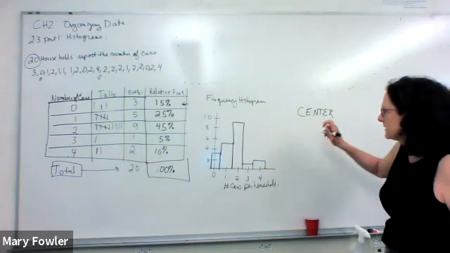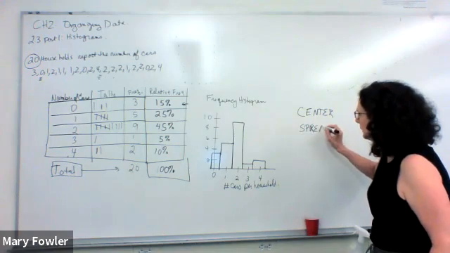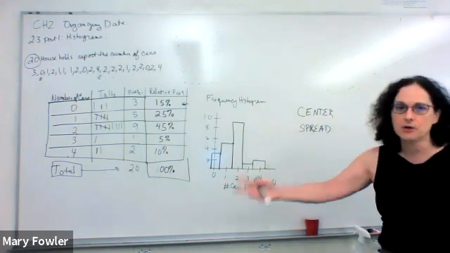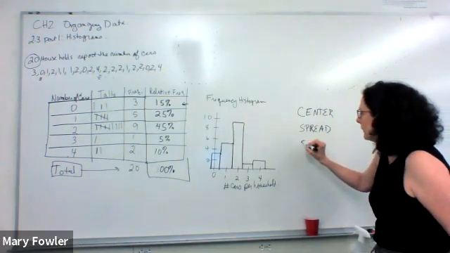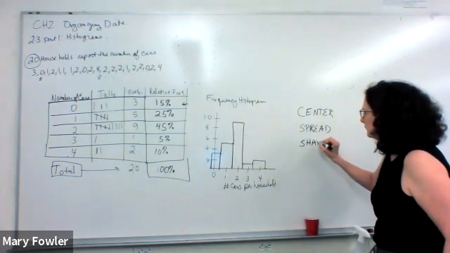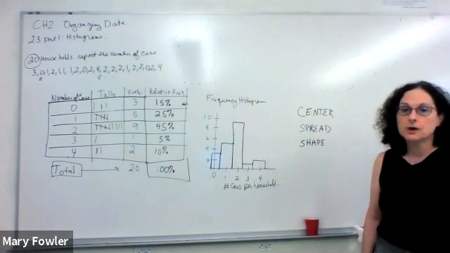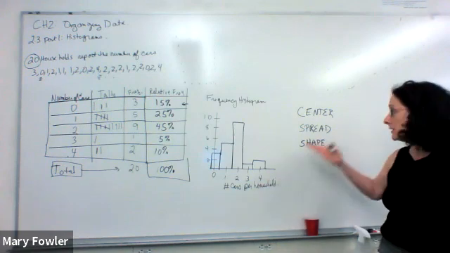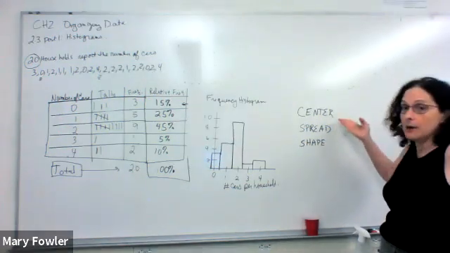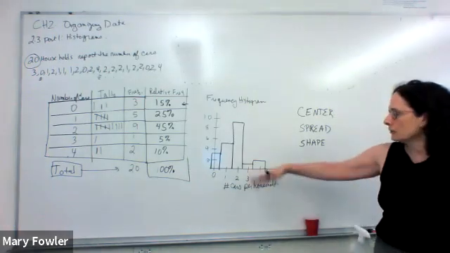We want to describe the center. We want to describe the spread, how spread out the data is, how variable the data is. And we want to talk about the shape. So the purpose of any graphical representation of data is going to be able to make some comments about center, spread, and shape. So let's go ahead and try.